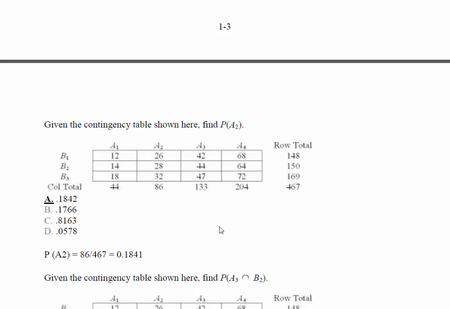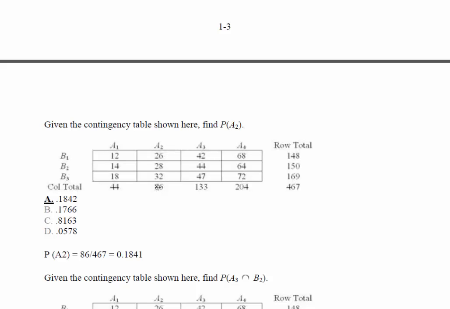Given the contingency table shown here, find P(A2). Where's A2? Right here. That's the probability of finding a member from the sample that is A2.